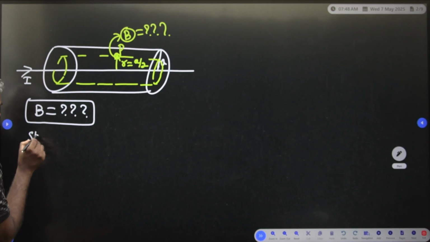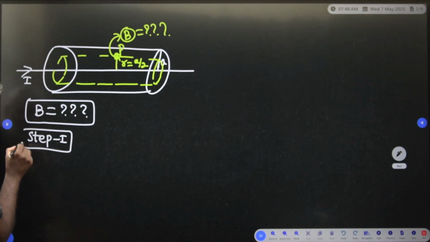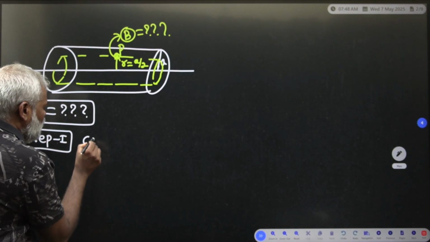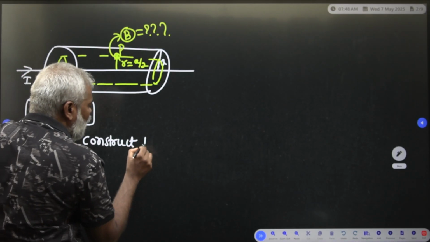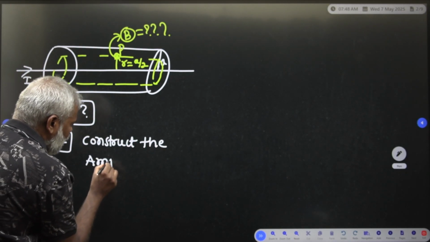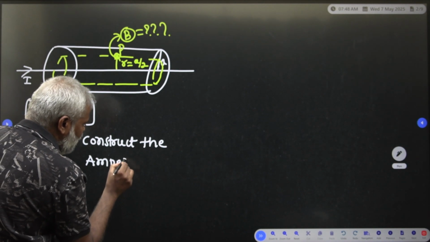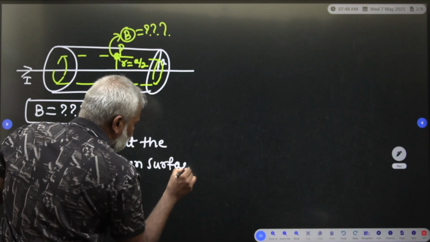Step number 1. What is your step number 1? First construct the Amperean surface. You have to construct a Amperean surface.